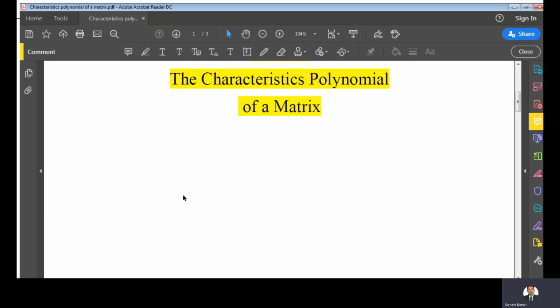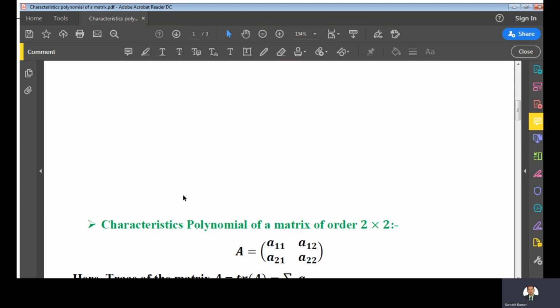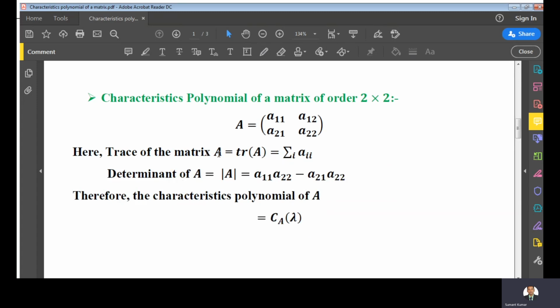First, let us take an example of a square matrix of order 2. How will you write the characteristic polynomial using the determinant and trace? This is our question. First in this tool, you will find the trace of the matrix, and you know the trace is nothing but the sum of the diagonal elements.